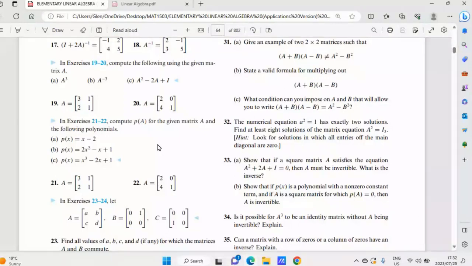Then I distributed the 2 on the identity matrix and got negative 2, 0, 0, negative 2.